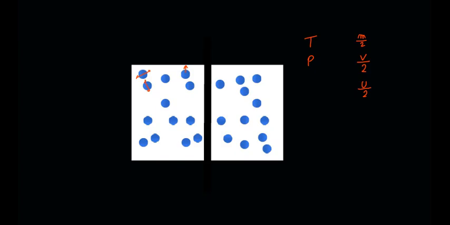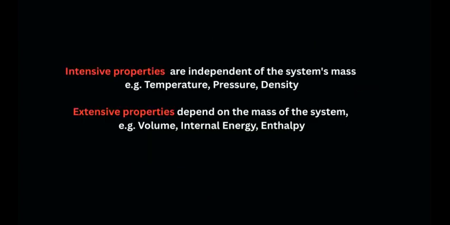On this basis, we define intensive and extensive properties. So intensive properties are those properties which are independent of mass, whereas extensive properties are those properties which are dependent on the mass of the system.